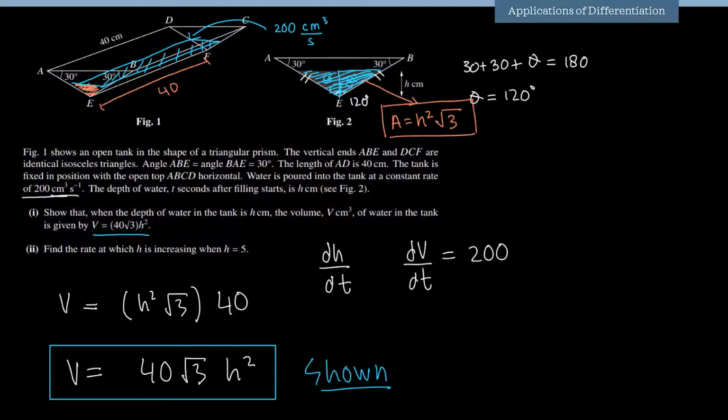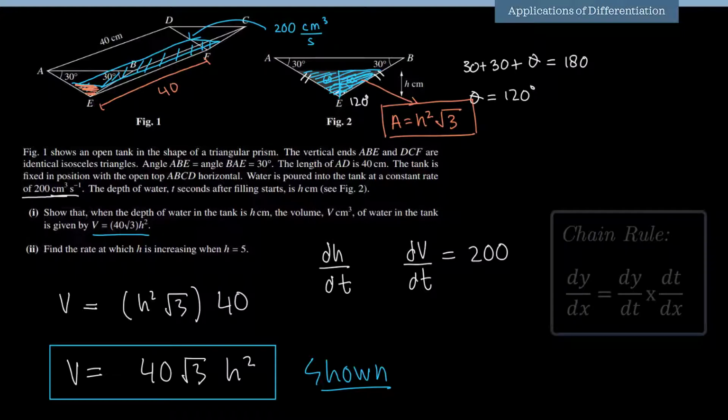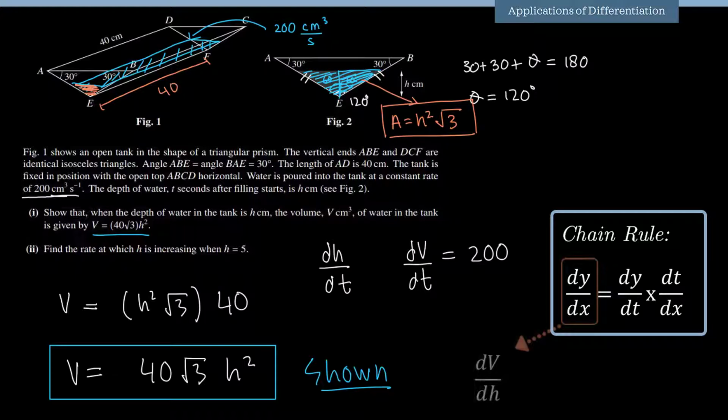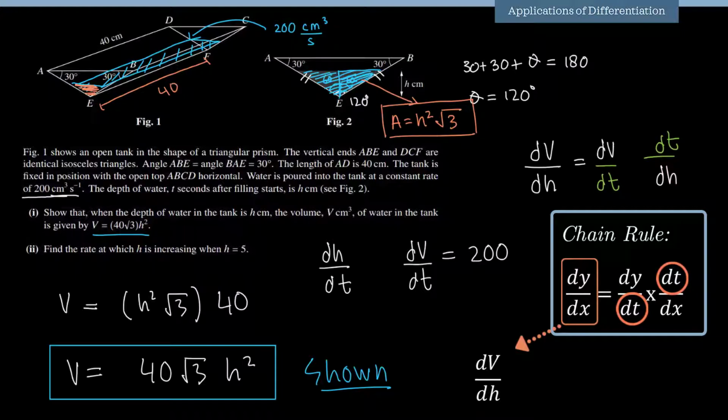So for the second part, I can use the chain rule over here, which has this formula. But instead of dy and dx, I have an equation of v and h. So I can find dv upon dh and equate it to dv and dh here, and in the remaining places dt and dt. So this is the chain rule that I'll be using here.